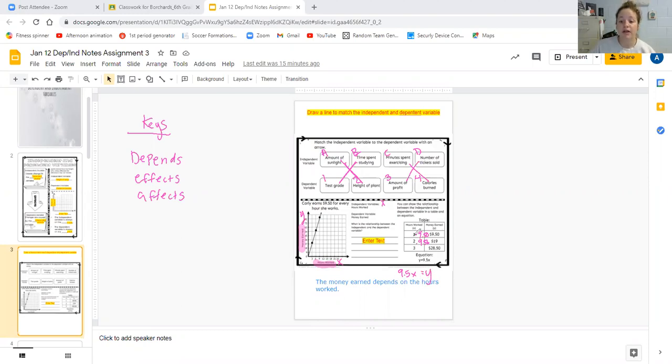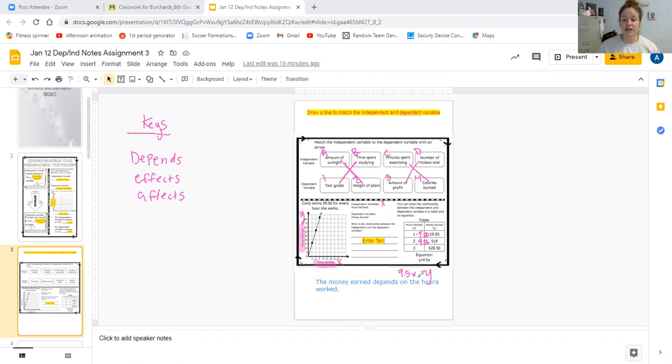Okay, now if I'm looking here, remember, what is it called when I take a number and put it in place of a variable? Caleb? Ezekiel? It is called substitution. Very good.